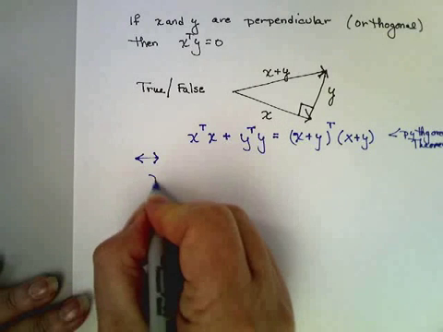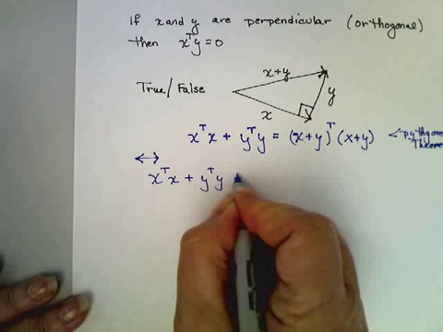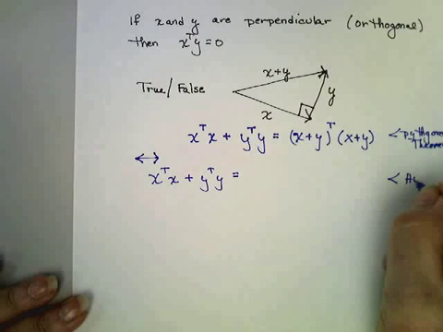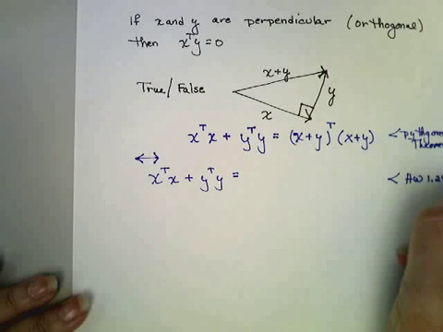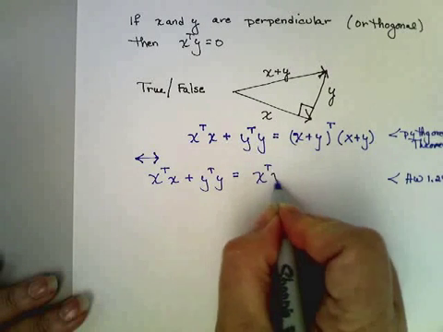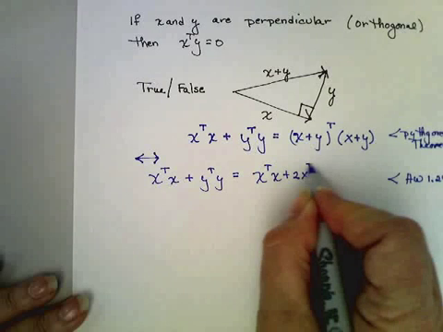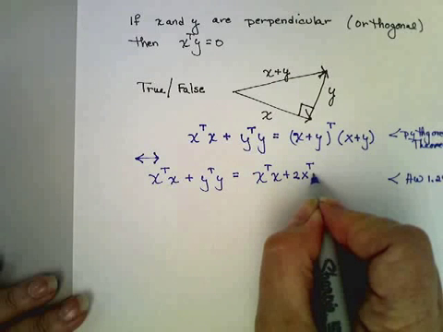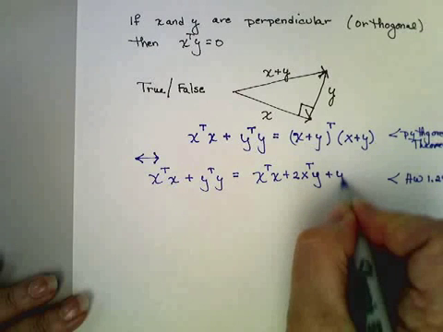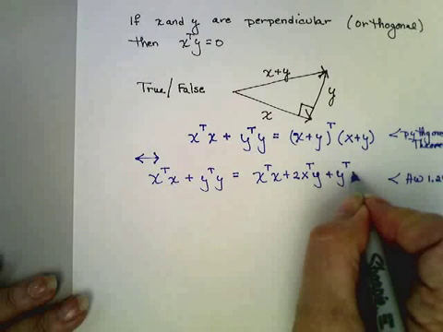This would mean that x transpose x plus y transpose y would be equal to, from our last homework, we know this is always x transpose x plus 2 times x transpose y plus y transpose y.